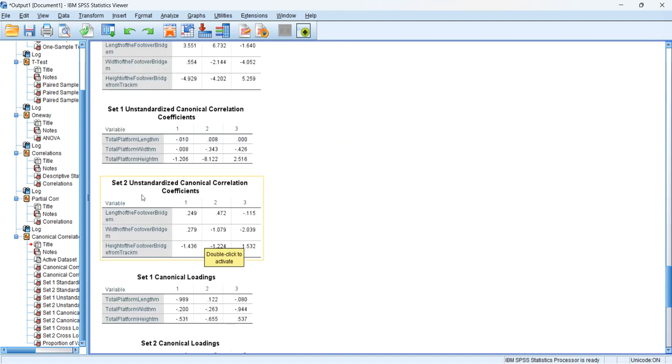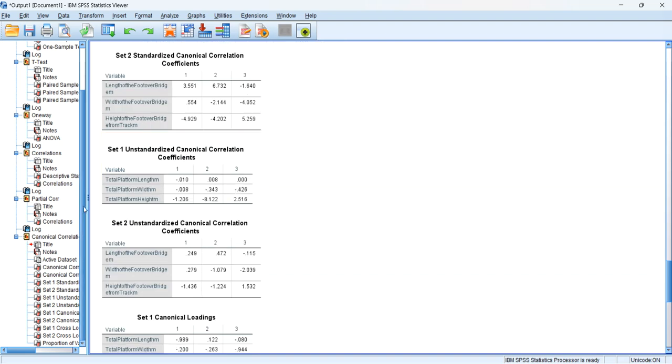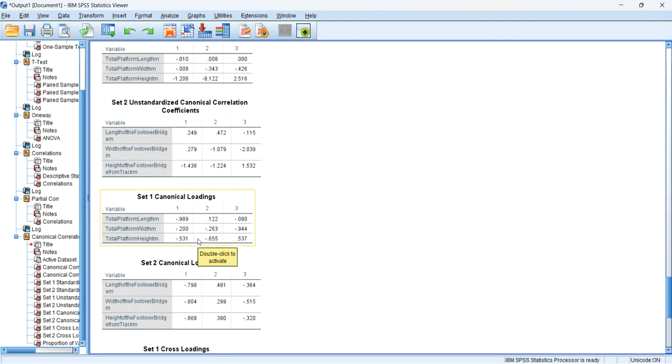This is the standardized canonical correlation, and this is the unstandardized. It cannot calculate the mean and standard deviation. Those are the loading factors, which is factor loading actually.